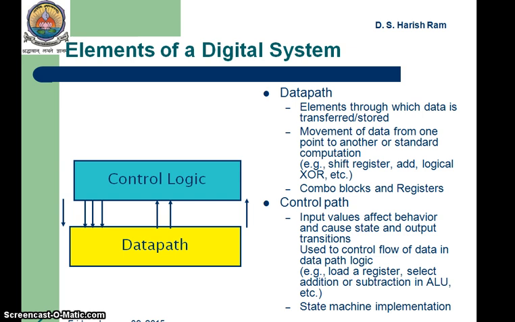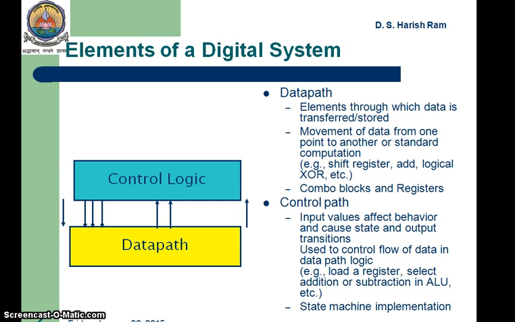Essentially, a system at the RTL level will consist of two broad components which are classified under the control path and the data path. The control path consists of those elements which control the flow of data in the system, and the data path will consist of those subsystems which are involved in the storage and manipulation of data in the system.